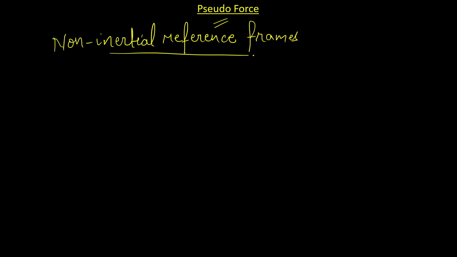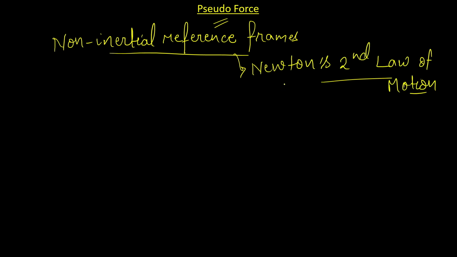Well, the one thing that is very important to know over here is that Newton's second law of motion is actually not applicable for a non-inertial reference frame. Like Newton's second law of motion is wrong in the case of a non-inertial reference frame. So we need to adjust Newton's second law of motion so that we can use it in the case of non-inertial reference frames too.